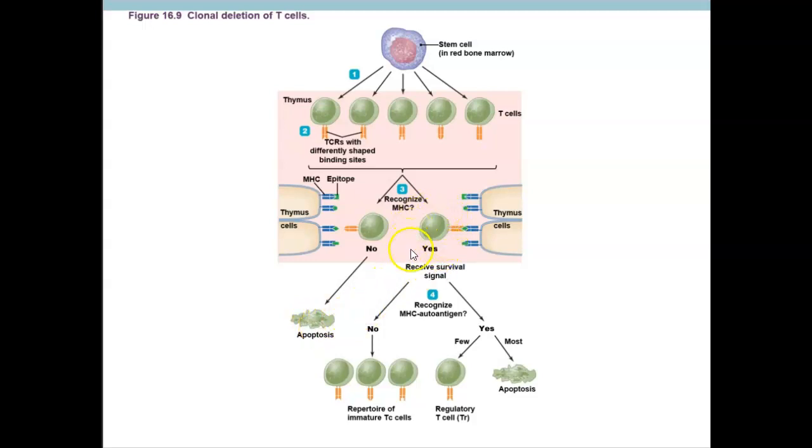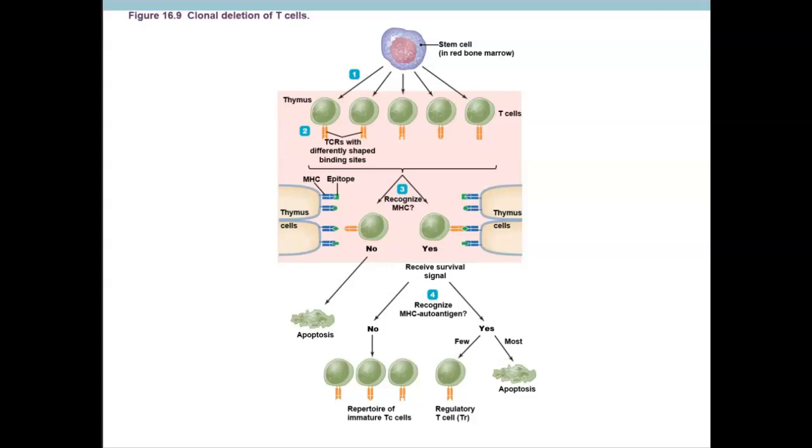If they do recognize the MHC, then they survive that process. And then they get challenged: do you recognize autoantigens? If they do, then most of them are caused to go into apoptosis. A few of them become regulatory T cells. If they do not recognize autoantigens, then they are allowed to continue to grow and to become mature, active T cells.